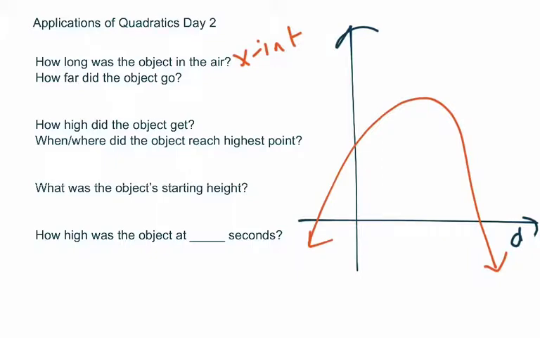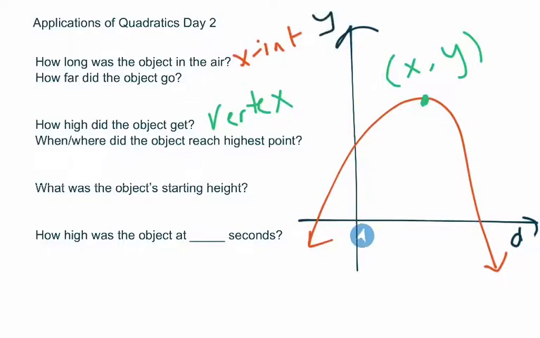Second group of questions, how high did the object get? That is, and where and when did the object reach its highest point? Both of those are vertex questions. Now there is a subtle difference. Your vertex is right there, and your vertex has an x, and your vertex has a y. How high did the object get is always going to be a y coordinate question.